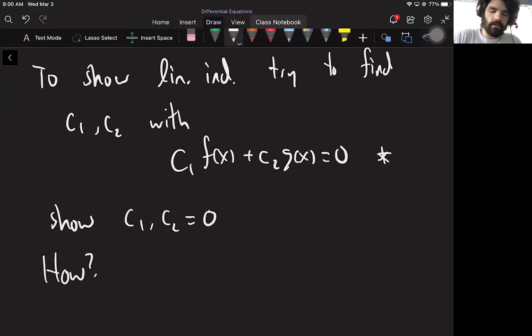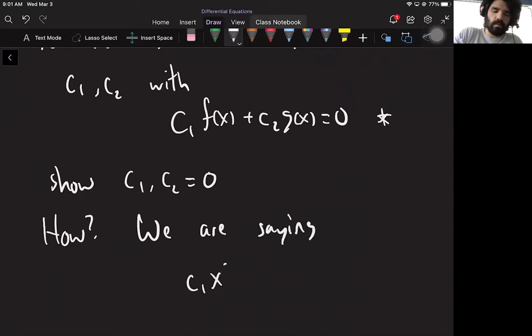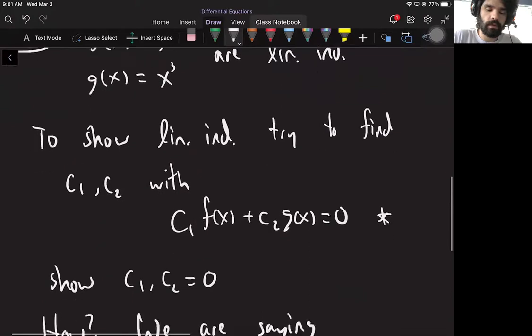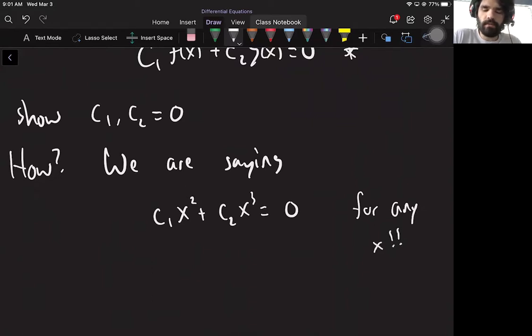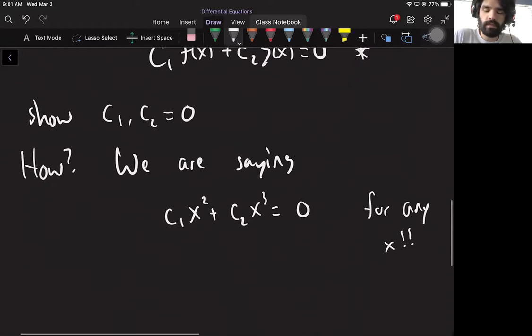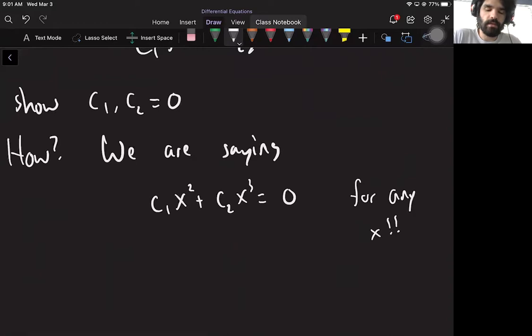Well, let's just plug f of x and g of x in. So what we're saying is that this needs to always equal 0. So for any choice of x, this should always equal 0. And if I could find 2 constants that make this happen without cheating, without picking the easy ones, that means they're linearly dependent.